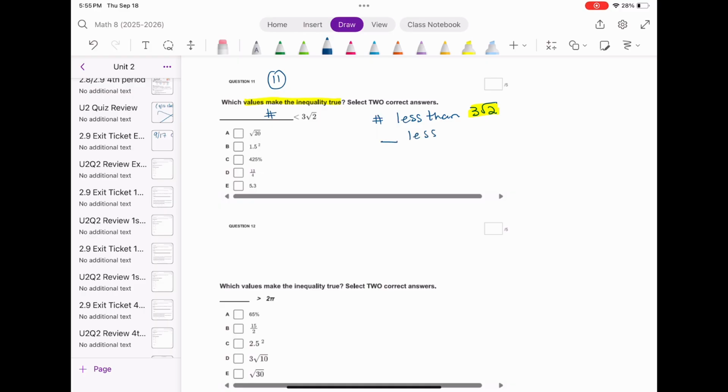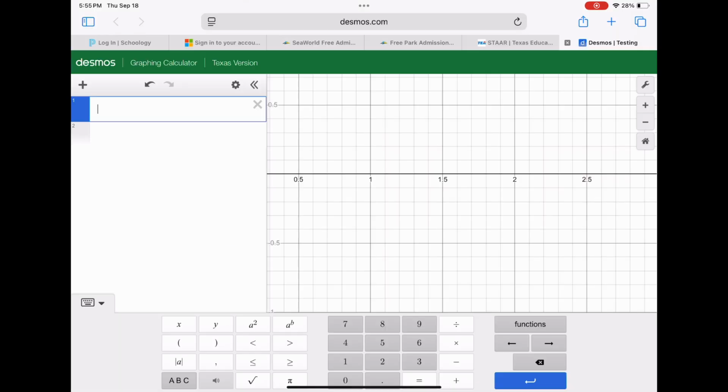Now I'm going to change all my numbers into decimals so that I can compare them.